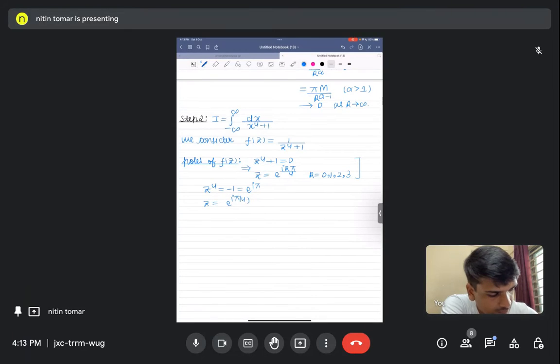Okay, let me write it like this. So one of the values should be this, but you also know, have I done something incorrect? We add 2k pi, sir. No, no. 3 pi by 4. Oh, I think this should be minus. Okay, let me write it like this. So 1 will be there, 3 will be there, and then plus and minus, right?